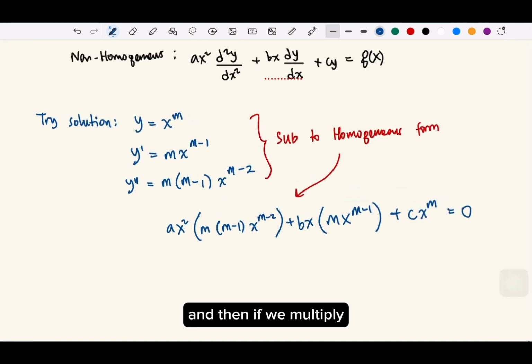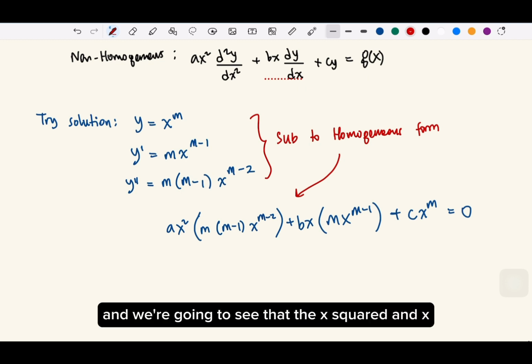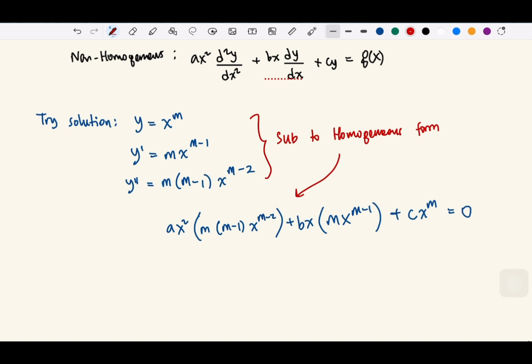Okay, and then if we multiply, we are going to see that the x squared and x to the m minus 2, the minus 2 will be cancelled, right?